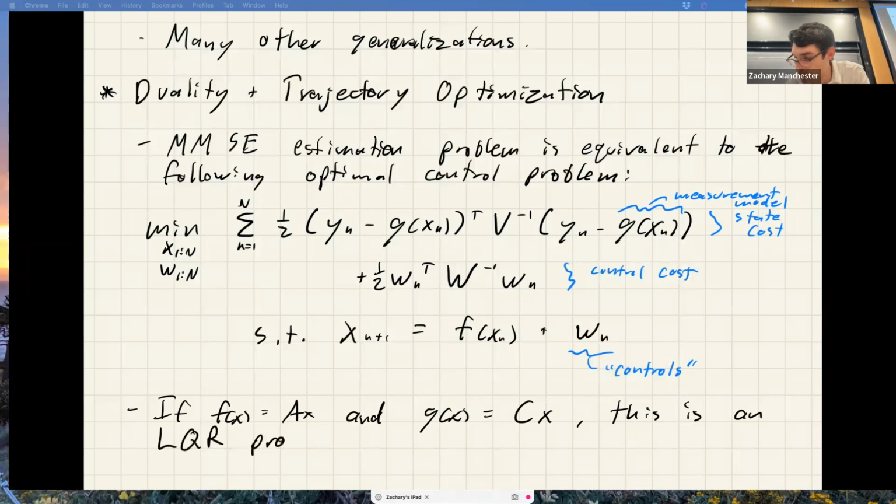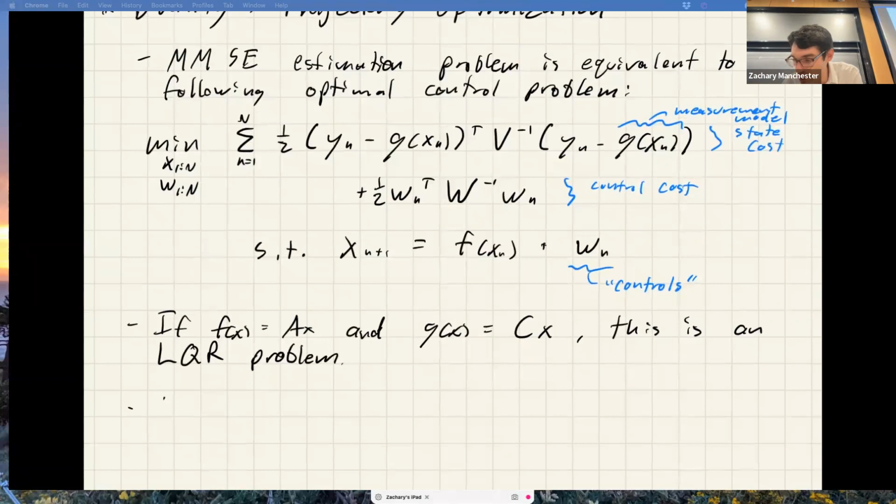The g of x is just a nonlinear measurement model. In our case, it's linear, it's C times x, the one we did, but in general you can obviously have a nonlinear measurement function for different sensors, cameras, whatever. And if I take this optimal control problem and solve it with dynamic programming, like we did with LQR, you get out the Kalman filter again.